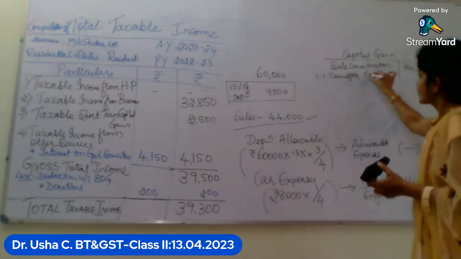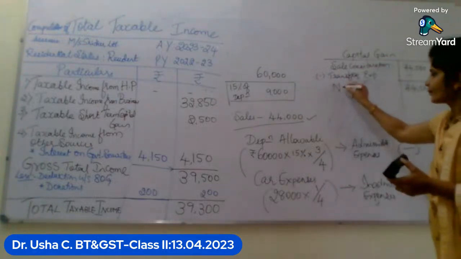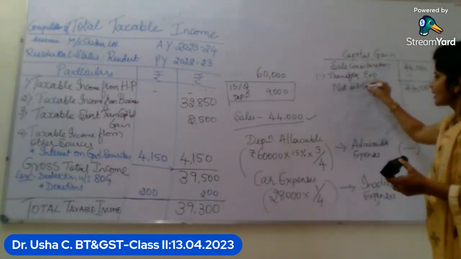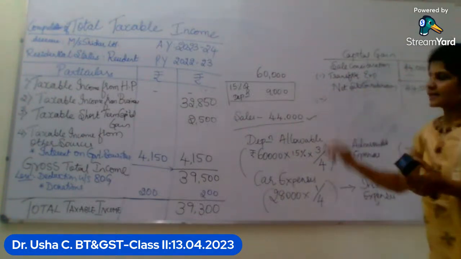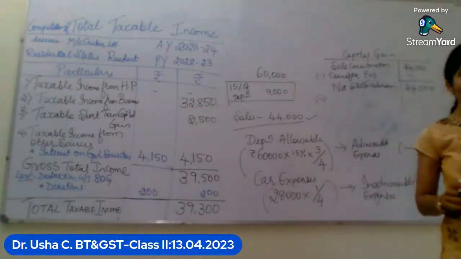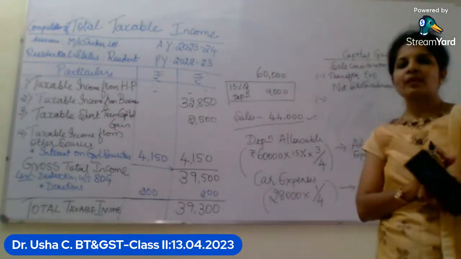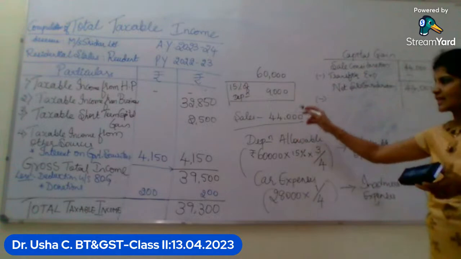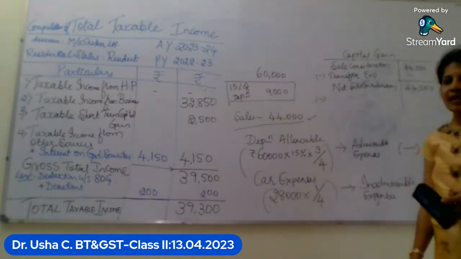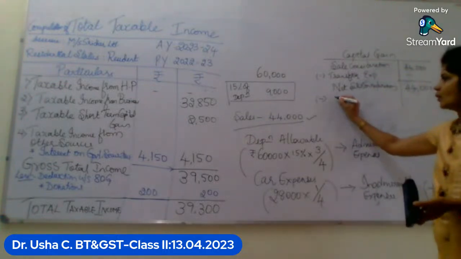There are no transfer expenses here, so the net sale consideration is 44,000. They have not specified whether it is short term or long term. But since there is no information about the inflation index, we can take this as short term. The asset was kept in the year for a short period. In that case only, we have calculated depreciation at 15% on the asset value.